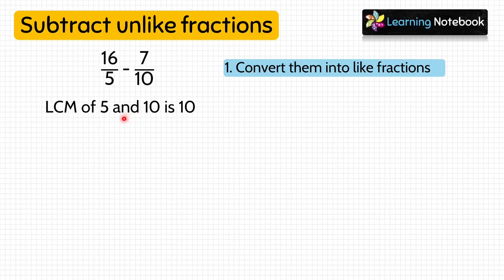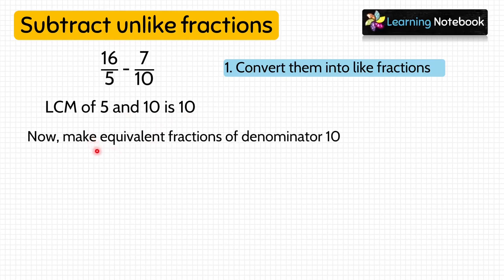Now, let's convert these unlike fractions into equivalent fractions of denominator 10. So first fraction is 16 by 5. So to make its denominator 10, we will multiply both numerator and denominator by 2.